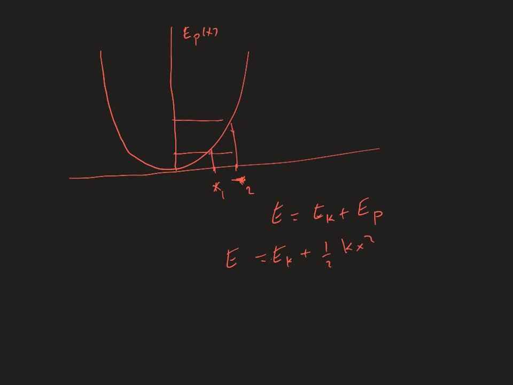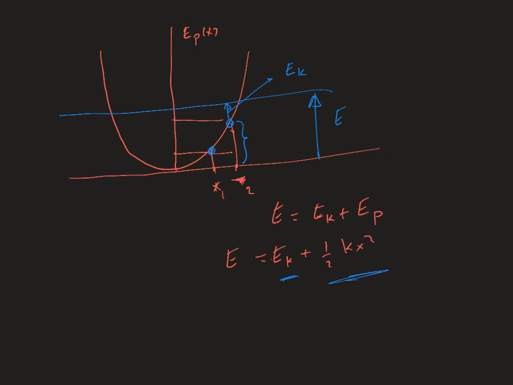Okay, now this is the second point that is interesting. Suppose that I give to the system this total energy. This quantity is the total energy. This quantity is kinetic energy and potential energy. So if I'm here, this is the kinetic energy, and this is the potential energy, and the sum is the total mechanical energy.